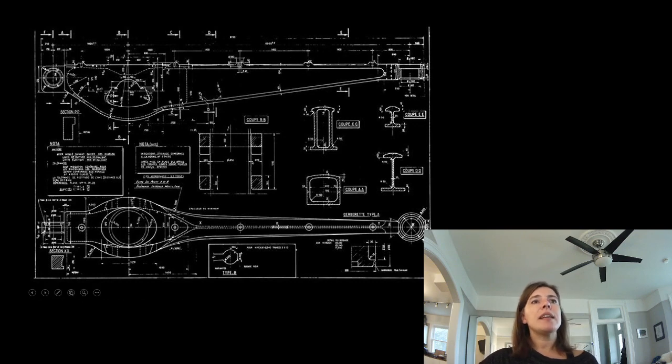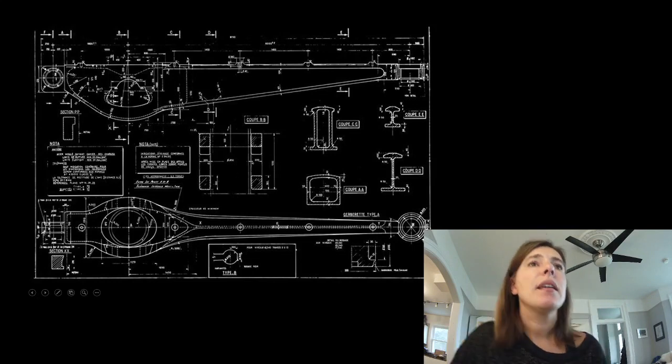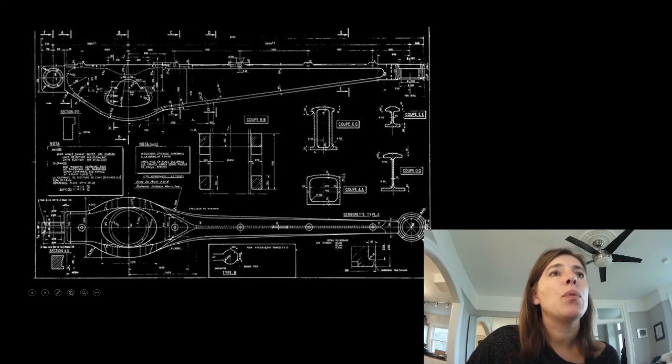So here is how they would have illustrated to a forge how they needed to create these Gerberettes. You can see here that they did a very similar thing to what they did for the Sydney Opera House, where they cut various sections along its length. So you can see this is section C. Section C can be found right here.